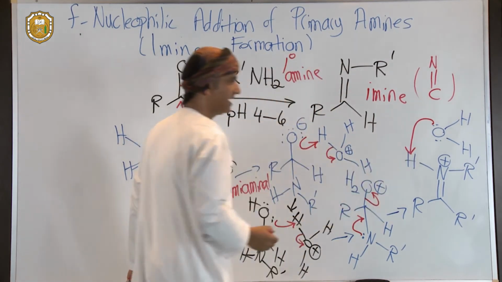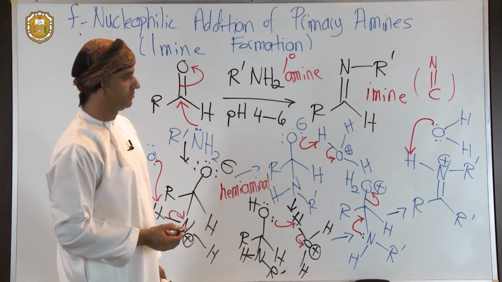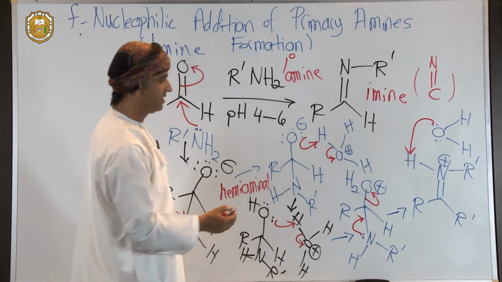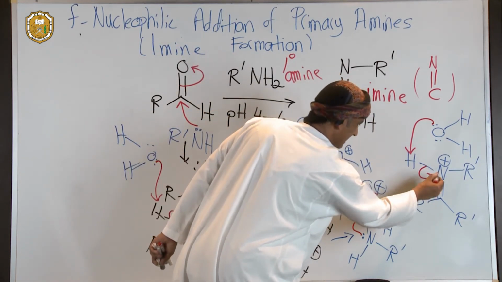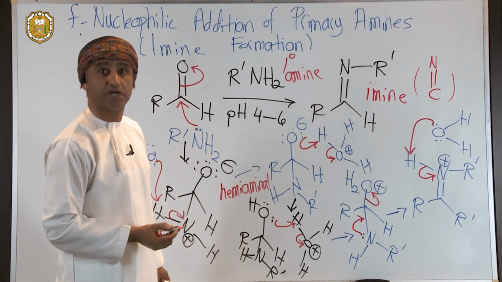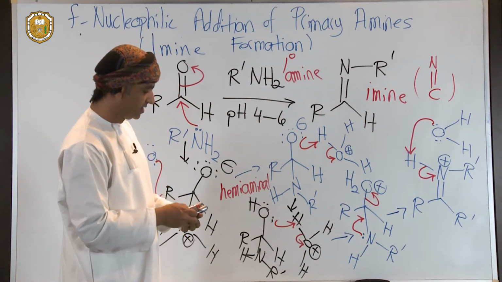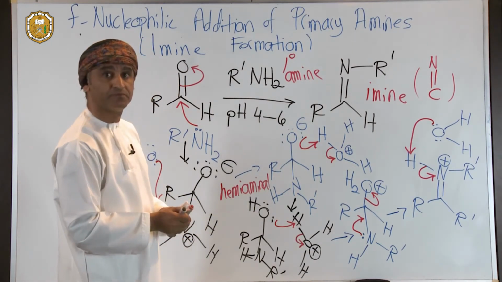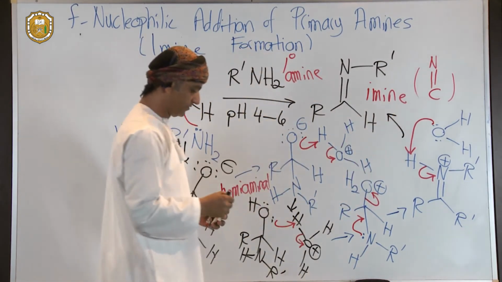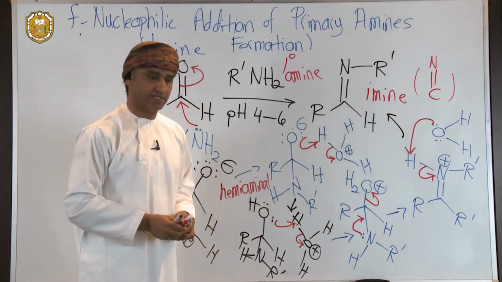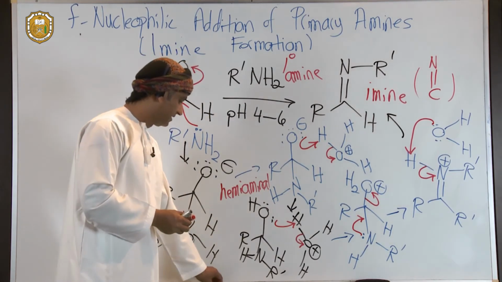We can indicate the electron movement with an arrow. The hydrogen-nitrogen bond will now be broken, releasing electrons to the positively charged nitrogen. So what we get is actually now the final imine product with regeneration of the acid catalyst.